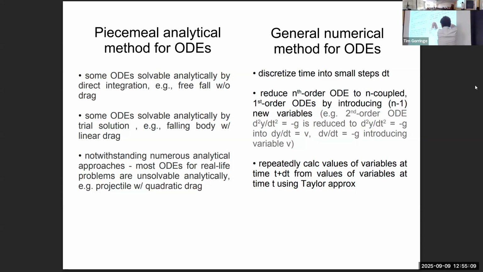So this is the classic, simple example of this breakdown of a second order differential equation into two first order differential equations. We're always going to do that, and that's part of the general method.